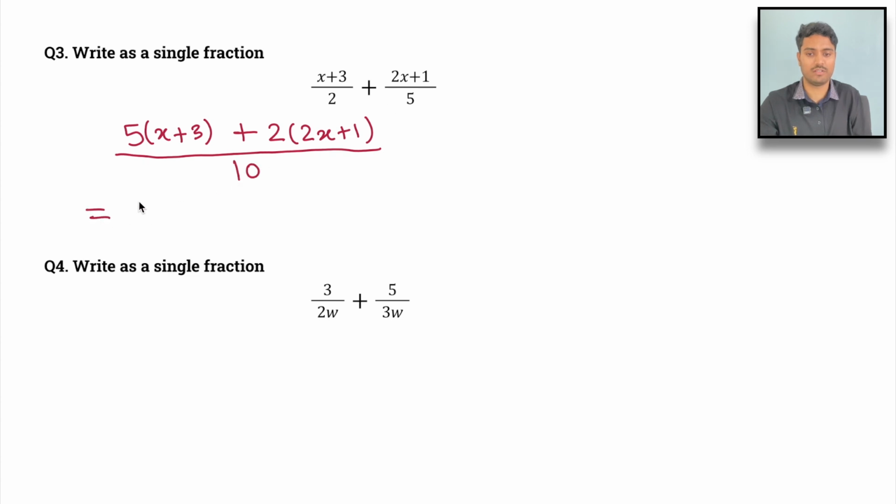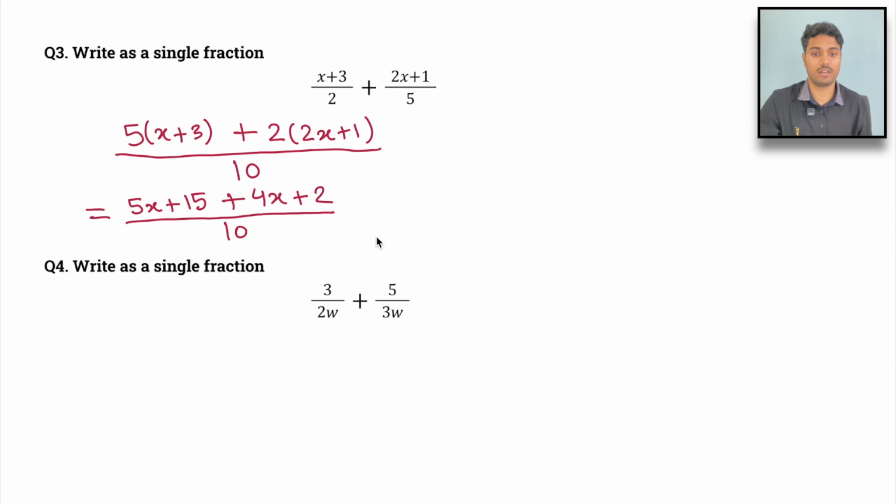So now we have 5x plus 5 times 3 is 15, plus 2 into 2x is 4x, plus 2 into 1 is 2, divided by 10. If you have any problems in solving brackets, I have another video on expanding brackets. You can check that and then come back and try these questions as well.